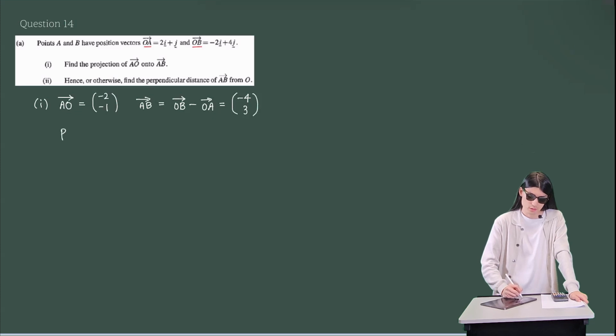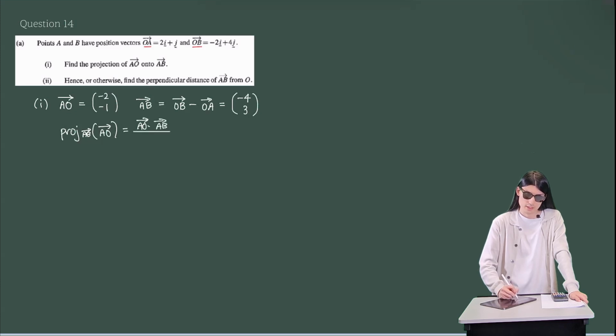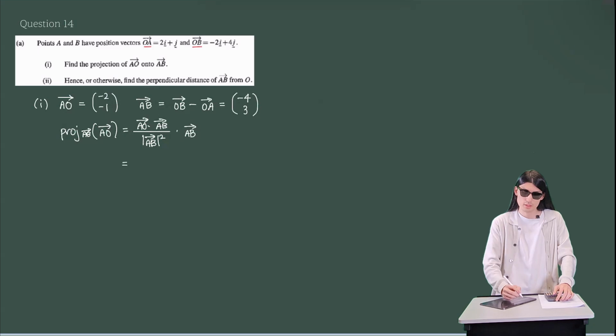So the projection of AO onto AB, which is written like that, is of course the dot product of AO and AB over the magnitude of AB squared multiplied by the vector AB. And on the numerator, when I say the dot product, of course, I'm talking about x1 times x2.